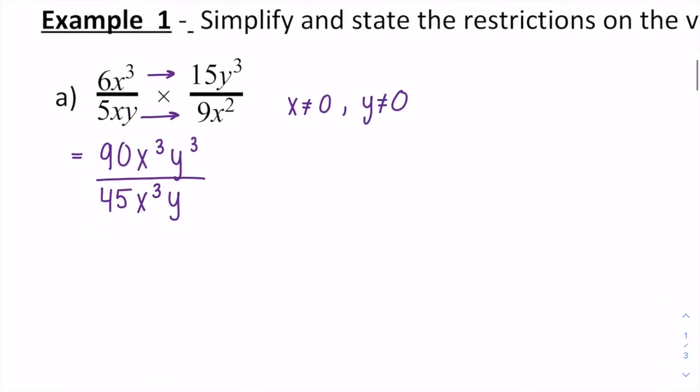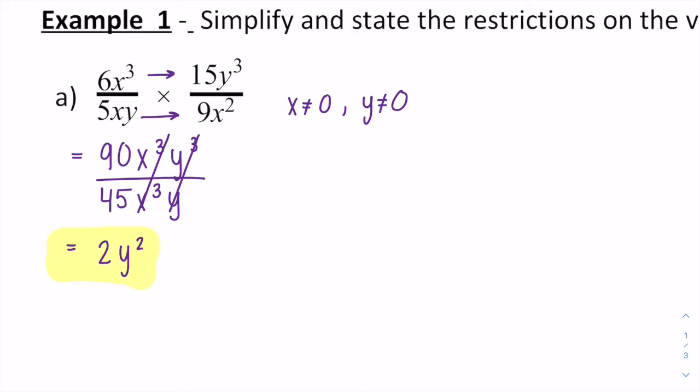We'll start with the coefficients. 90 divided by 45 is 2. And now I look at my x's. I have 3 on the top and 3 on the bottom, so those cancel and go away. And now for my y's, I have 3 in the numerator and just 1 below. So that leaves me with y squared. So 2y squared is my final answer.